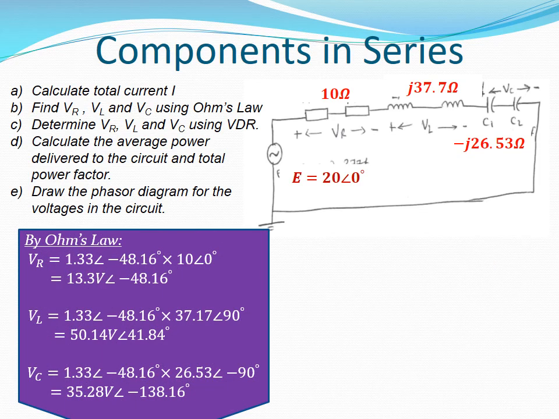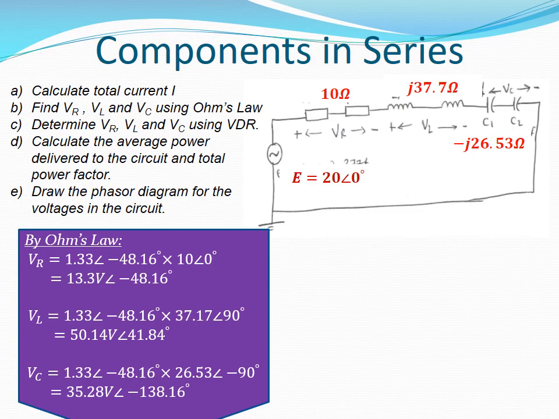To calculate VR, VL, and VC using Ohm's law, we substitute the respective impedances into the Ohm's law equation. We obtain VR as 13.3 volts at minus 48.16 degrees, VL 50.14 volts at 41.84 degrees, VC 35.28 volts at minus 138.16 degrees.